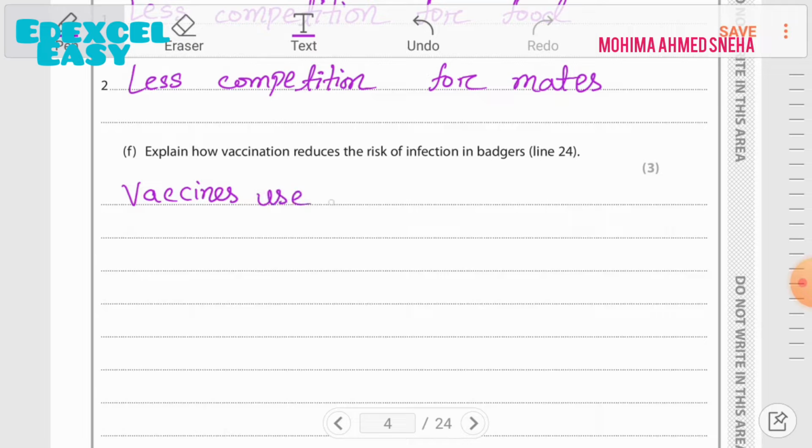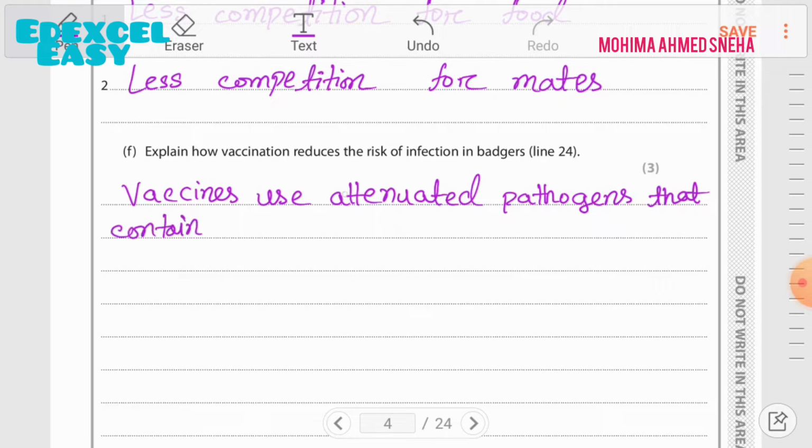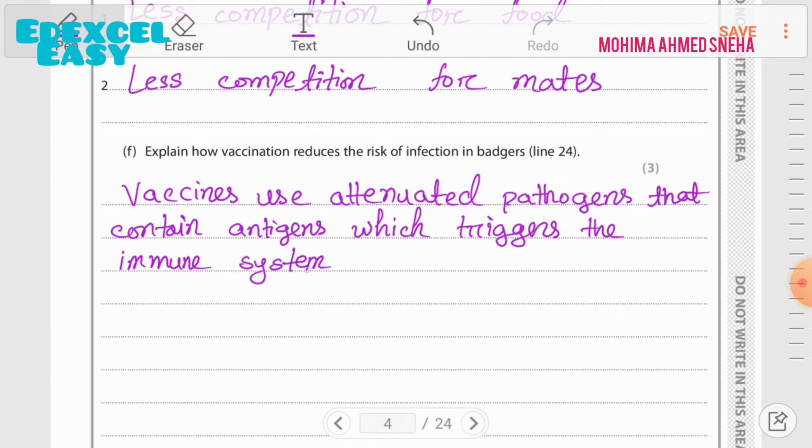Vaccines use attenuated virus pathogens that contain antigens which trigger the immune system to produce memory cells to provide immunity.